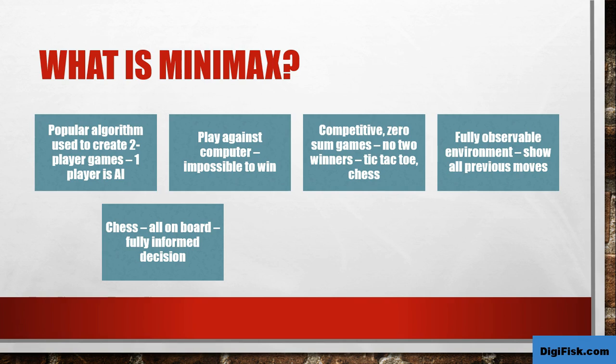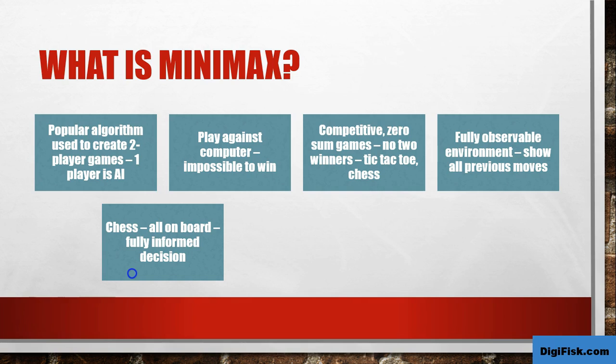Previous moves made by both the players are completely seen by both the players at all times. You must have played chess, or you must have looked at how chess works. When one of them decides on which move to make next, they make a fully informed decision because everything is already there. They know where each of those chess pieces are.